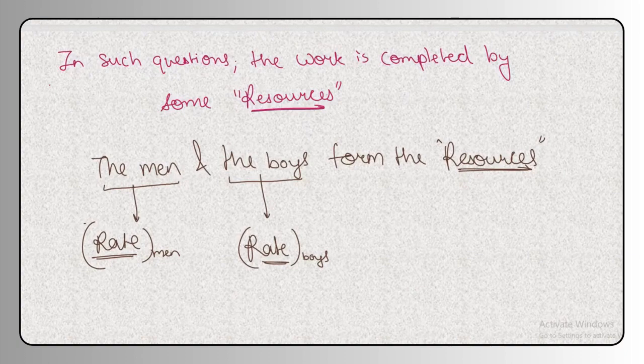Generally, we assign this rate as the variable in the question. So let's call the rate at which a man can do the work per day as X, and the rate at which the boys can do the work per day as Y. So we get the two variables. Let me explicitly mention these two variables so that it is clear.